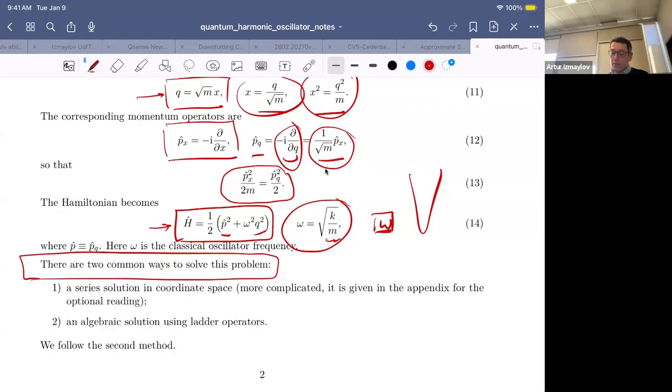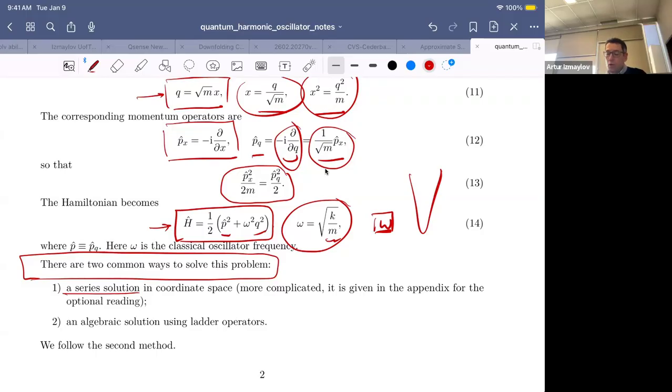So there is a so-called solution with series, and in coordinate space it's more complicated, and there is an appendix in this document I'll post, which you can take a look at, with a detailed explanation of that solution.